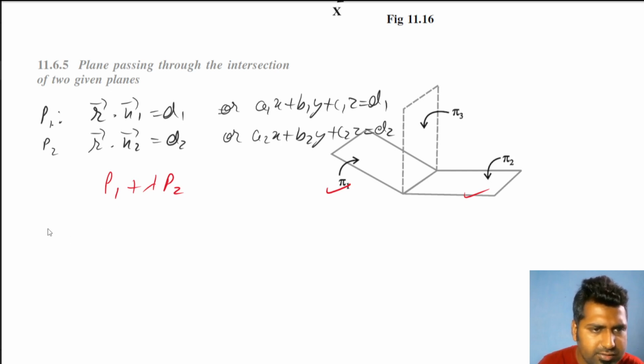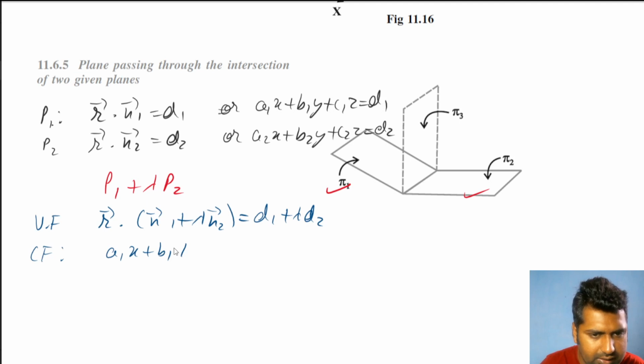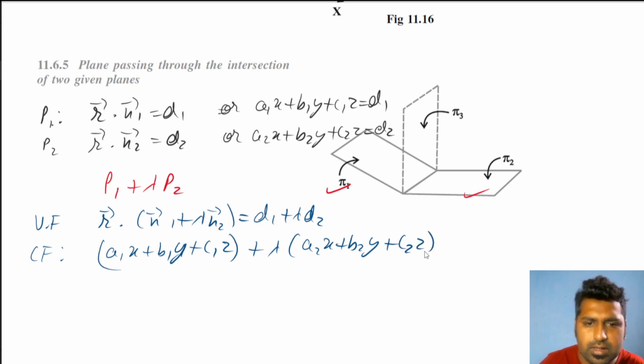So the vector form will look like r dot (n1 + lambda times n2) = d1 + lambda times d2. r remains the same, whereas the Cartesian form looks like this: (a1x + b1y + c1z - d1) plus lambda times (a2x + b2y + c2z - d2) equal to 0, or a1x + b1y + c1z = d1 with lambda times the second plane equation added, equal to d1 + lambda times d2. You don't need to learn the whole format, just learn first plane equation plus lambda times second plane equation.